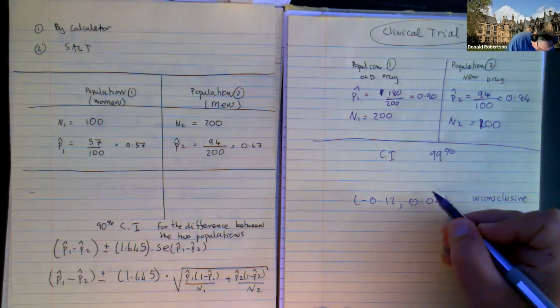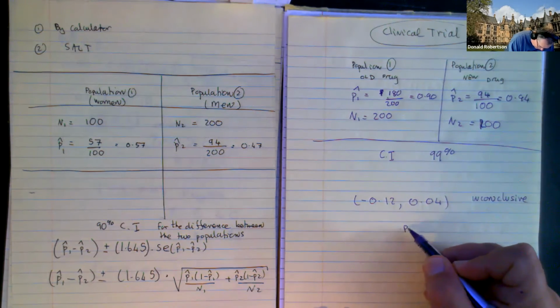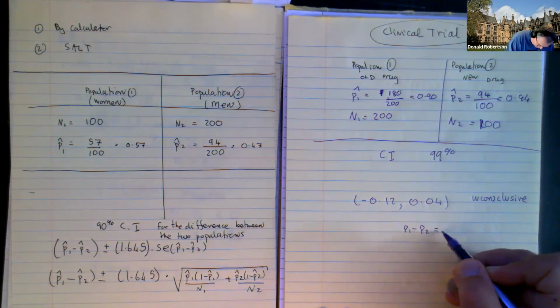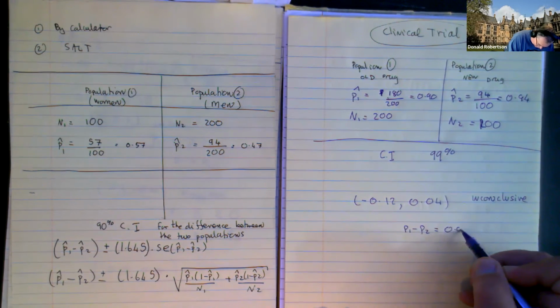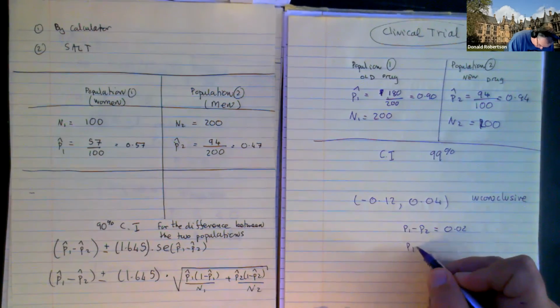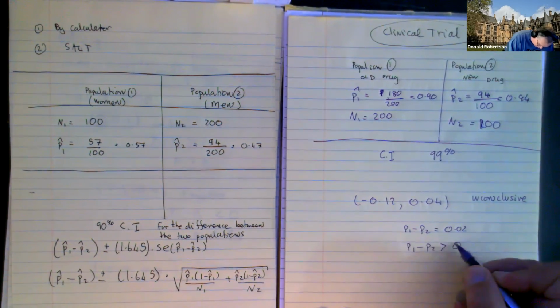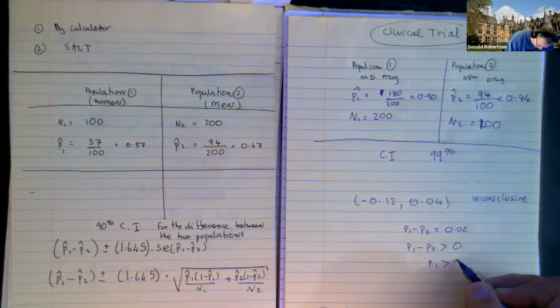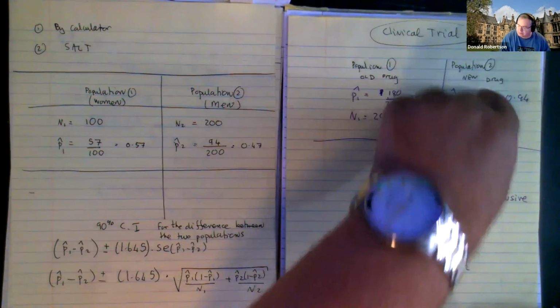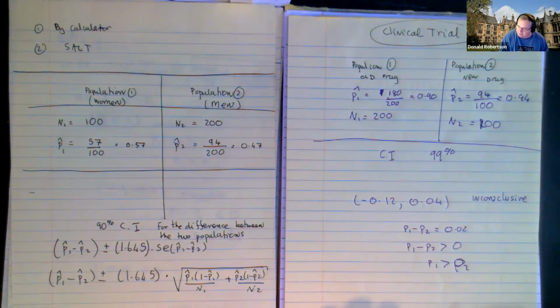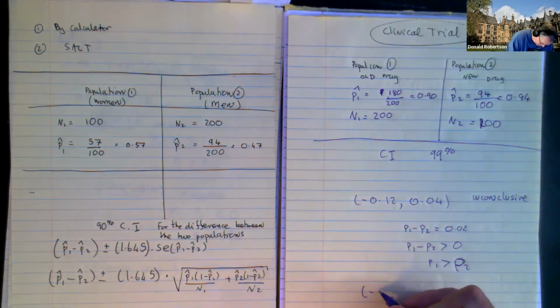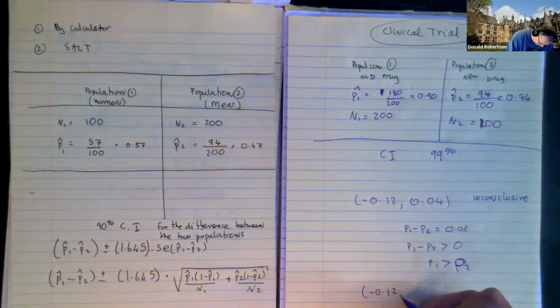For instance, if the answer had been that the difference between them was positive 0.02, that the difference was a positive number, doesn't that mean that we've actually got evidence that that's better than that? So you are looking for situations that look like this.